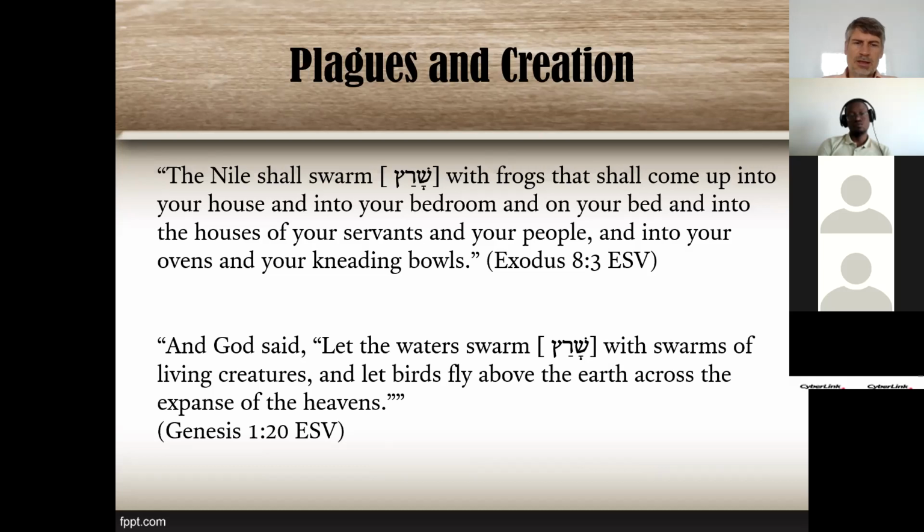And God said, "Let the waters swarm, sharatz, with the swarms of living creatures, and let birds fly above the earth across the expanses of the heavens." So again we can see some parallels between the plagues and the story of creation.